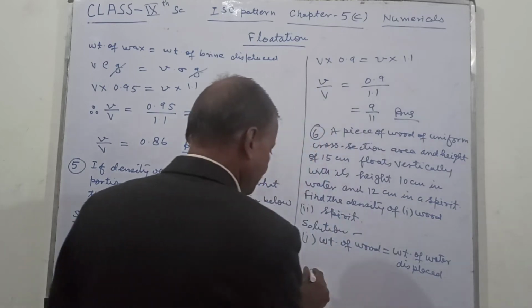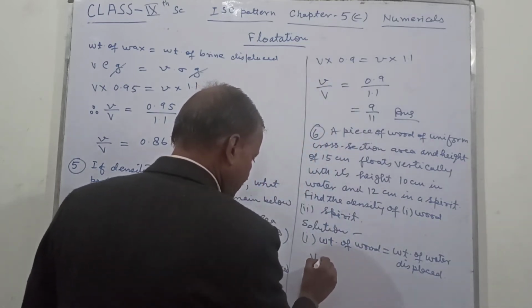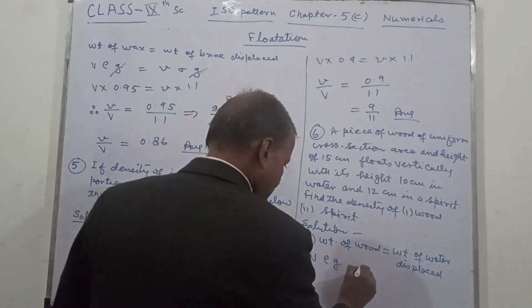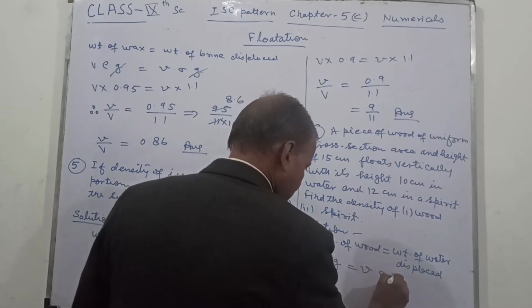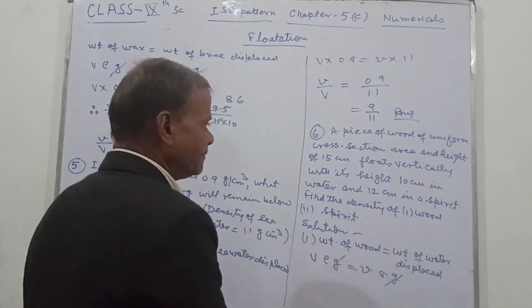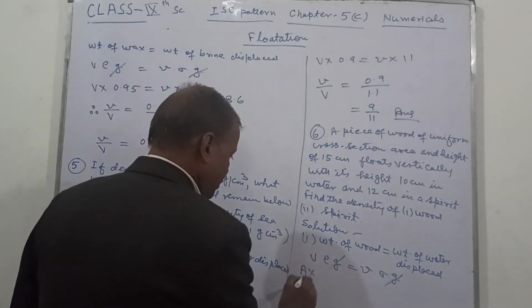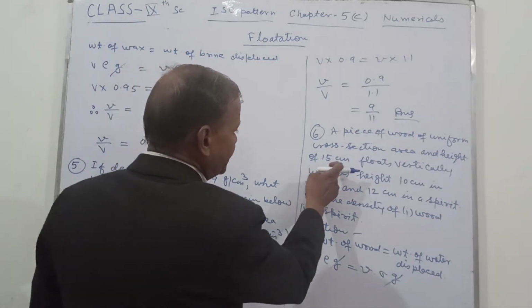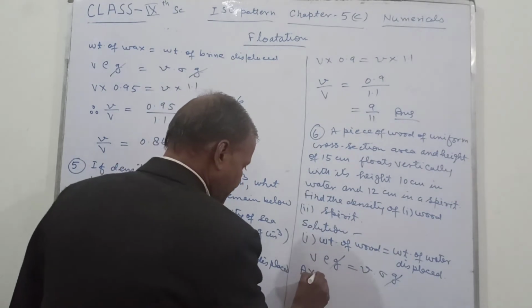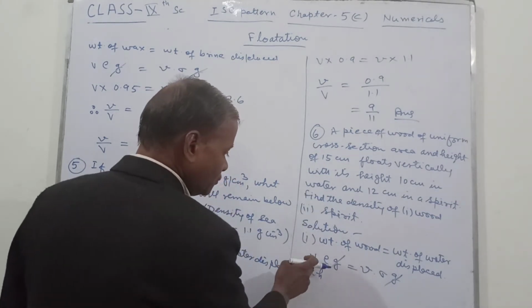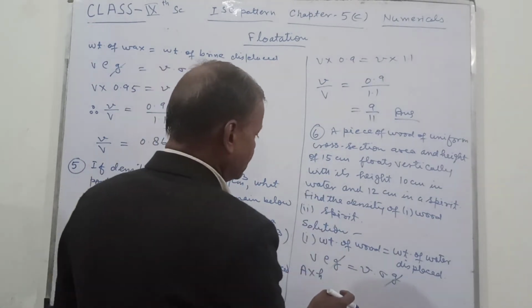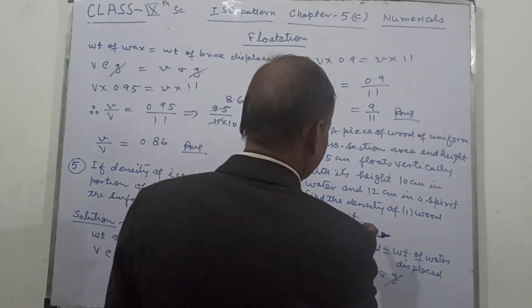The same formula is to be used: V rho into g equal to V sigma into g, g and g will cancel. So now V is equal to A into the height, which is 15 centimeter. This will give you the volume.